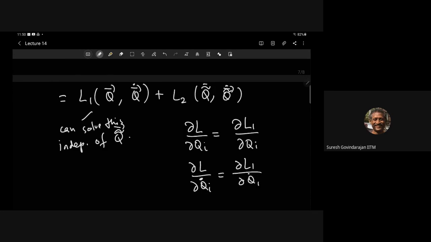So you can see L2 is just going away because L2 does not depend on the Q variables. Same thing will happen if you took derivatives. So the Euler-Lagrange equation is d by dt of this. Is that clear? So in our example, the capital R variables are completely decoupled from the little r variables. And that is the reason to choose center of mass, not because it was said so in my textbook. Something nice happens.